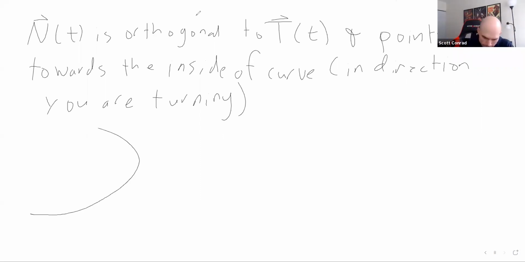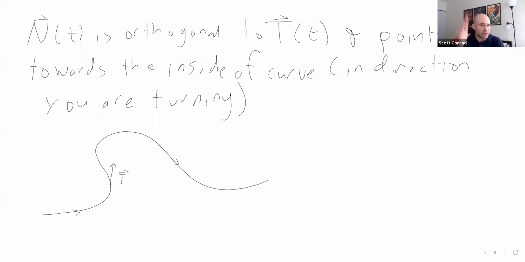So this is our curve, and suppose we're traveling in this direction along our curve. Right here, that would be our unit tangent vector. That's the direction we're going. And the unit normal would be orthogonal to that and would point in the direction we're turning, which would be that way.